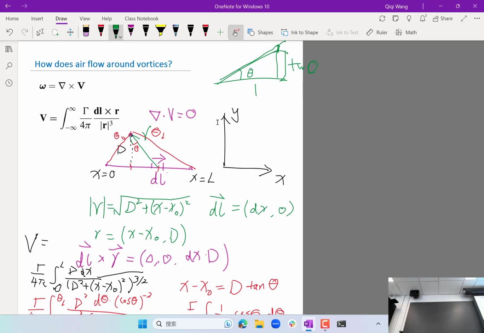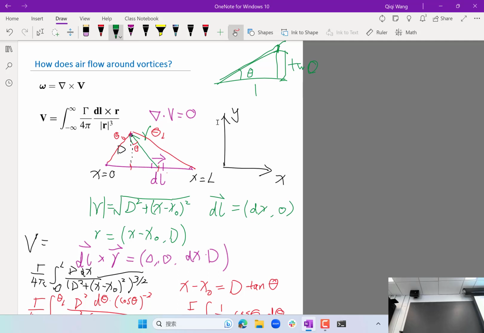Therefore, if you draw a line perpendicular to the hypotenuse over here, that small perpendicular line is equal to 1 over cosine theta times d theta. But this is not the vertical segment.